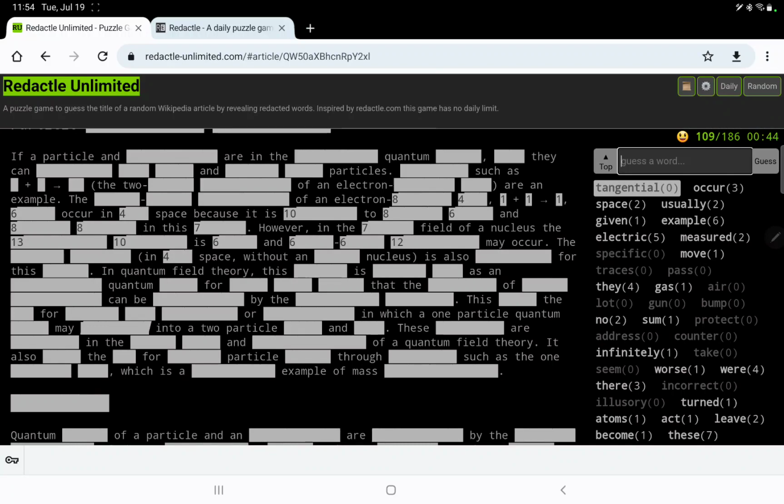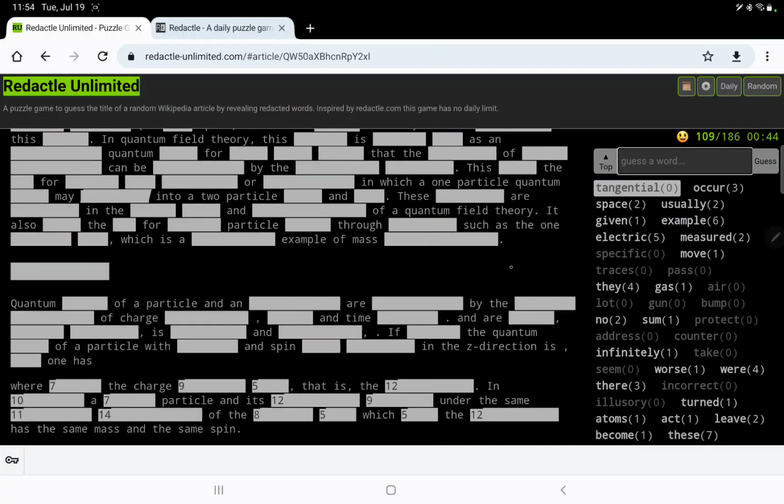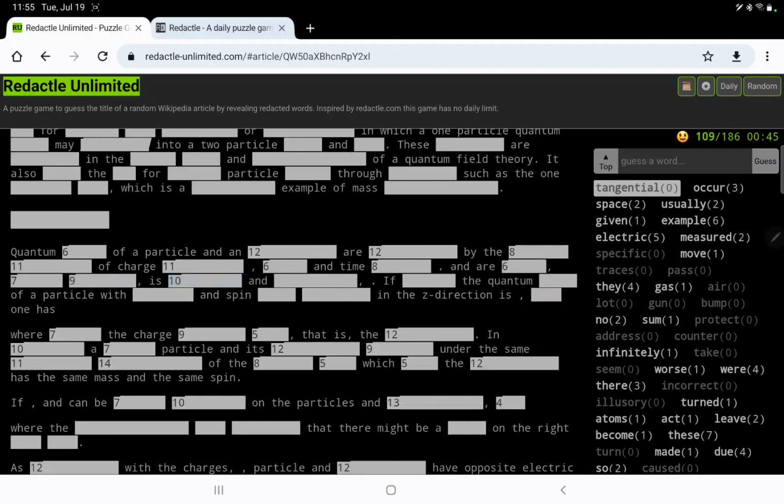However, in the something field of a nucleus, quantum something of a particle and an something are something by the something of charge and time, and are something.